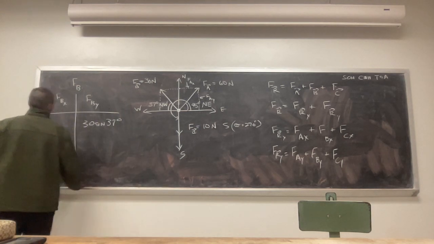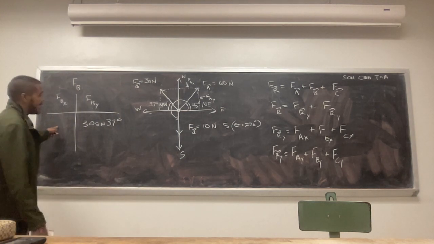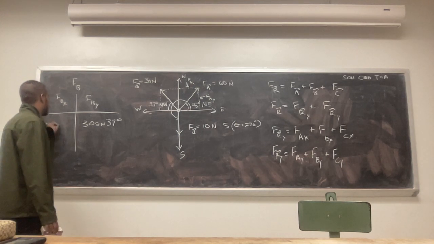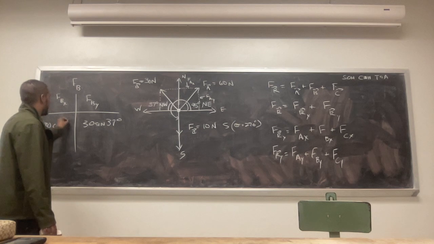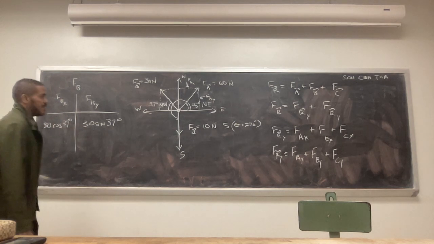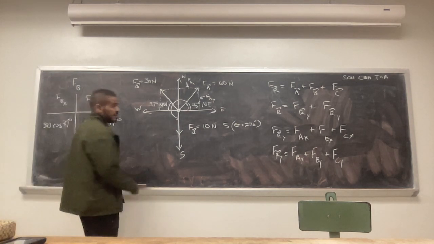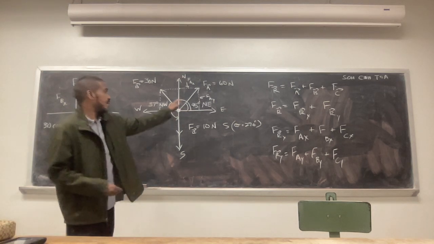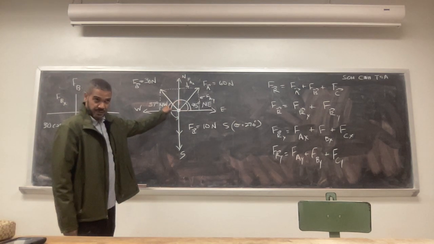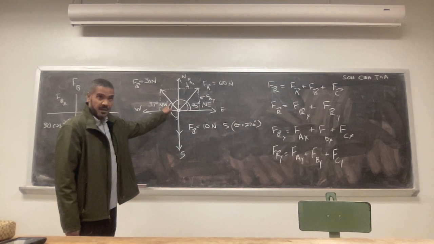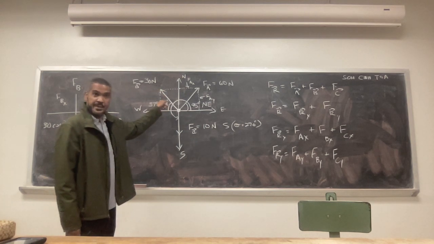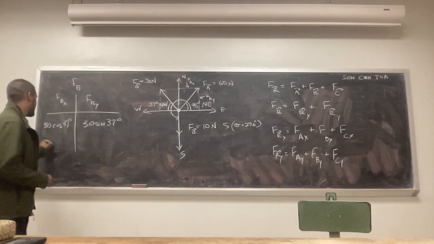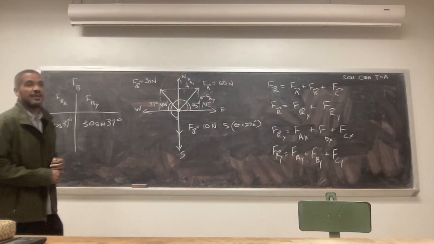And then our x is 30 cosine 37 degrees. Now, what we need to do here is just make sure that we recognize that this vector is in which quadrant? 2. And we know our x is negative. So your x component is negative.